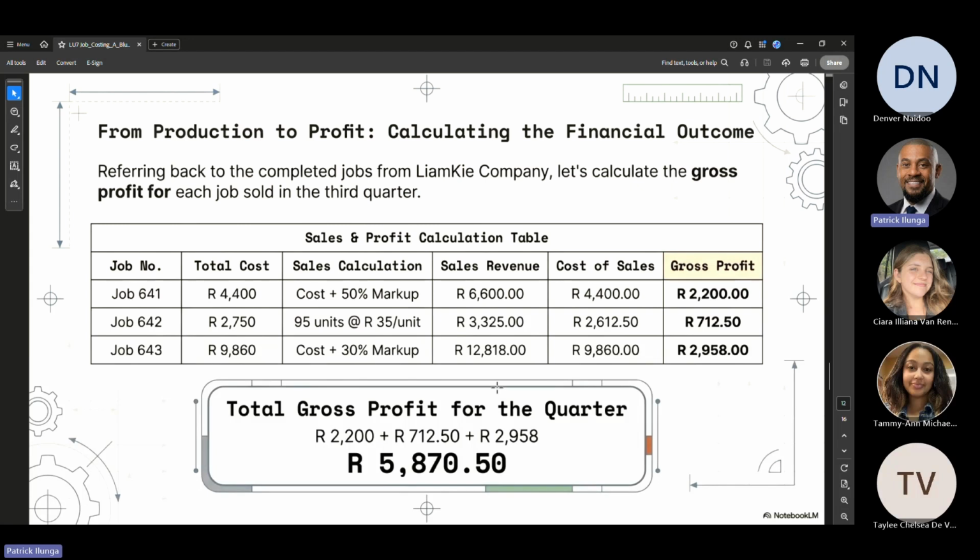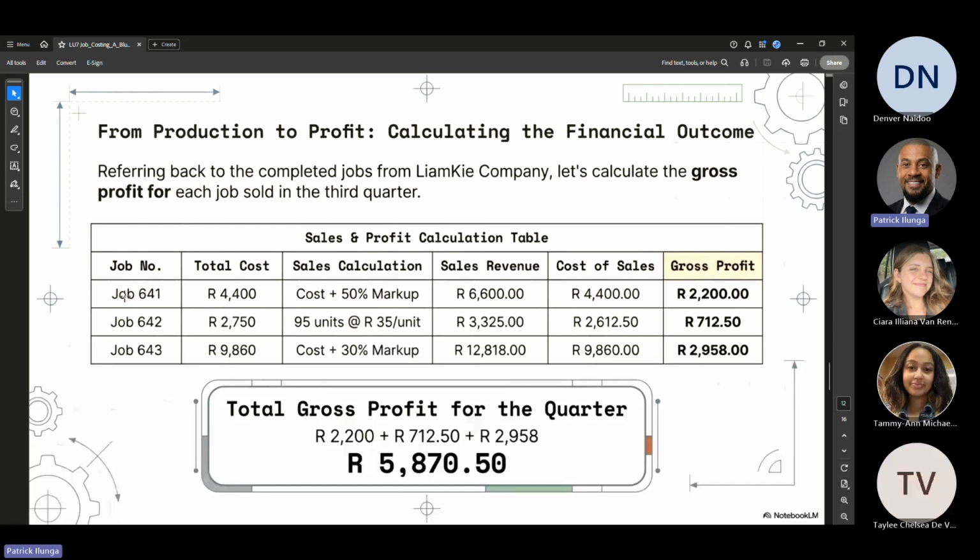And that's where they provide you with the way, for example, of looking at sales calculations. You remember that with sales, they could give you an actual amount to say we're going to sell the product at 35 rand per unit. Or they can say the way we calculate the sales is we need to do a markup on the cost.